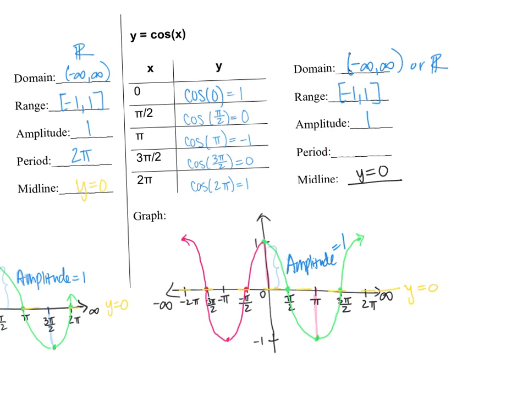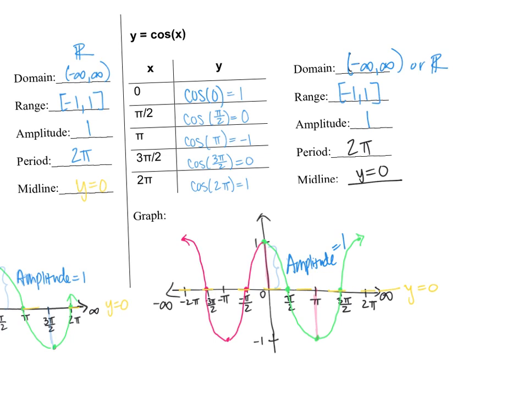The period, if you look at the shape here, it starts from y equals 1, goes down and back up, and then just repeats. So it looks like the x value starts at 0 and then goes to 2 pi. So the length here is also 2 pi for the period.